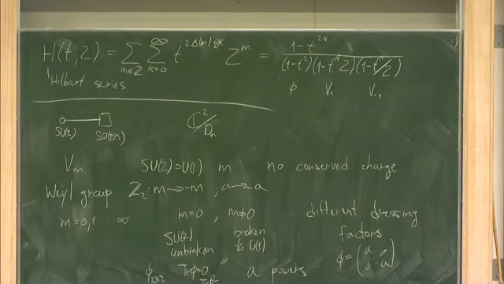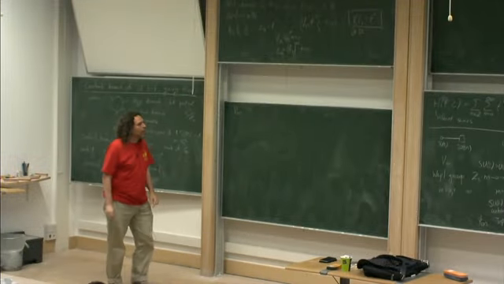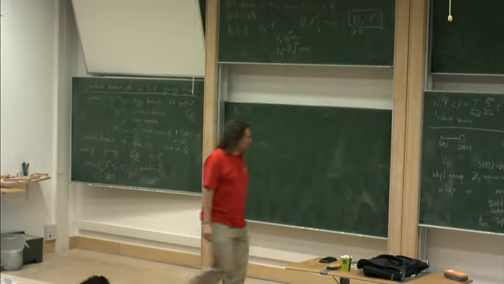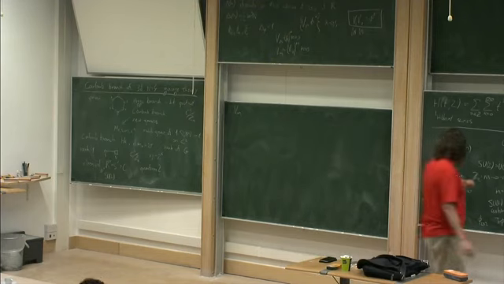So let me now specify the space of functions. So I'm going to have Vm. And let me just take the action of the Weil group.